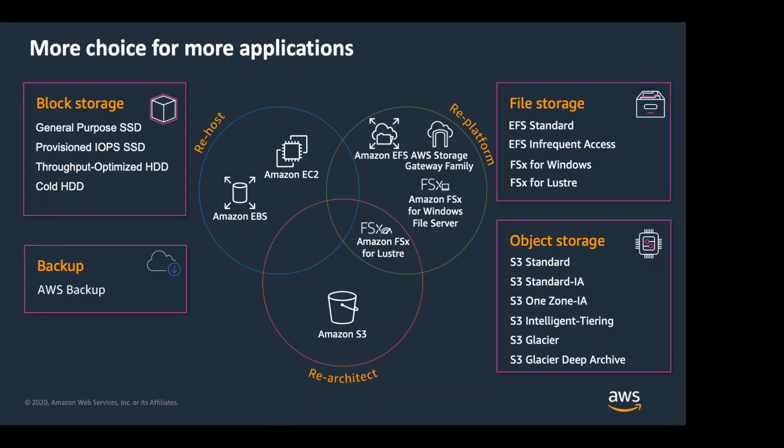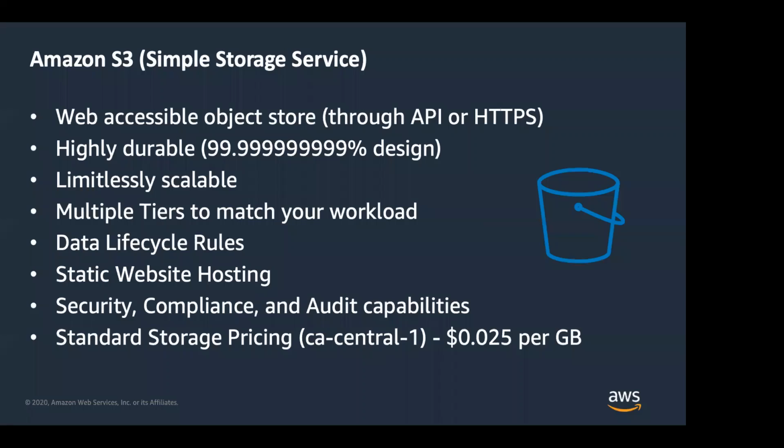The most important one for today's discussion is Amazon S3, which provides you with 11 nines of durability. And that translates into, I think if I'm not mistaken, 1 in a trillion chances of losing something. And it scales limitlessly, which means you don't have to guess any capacity.